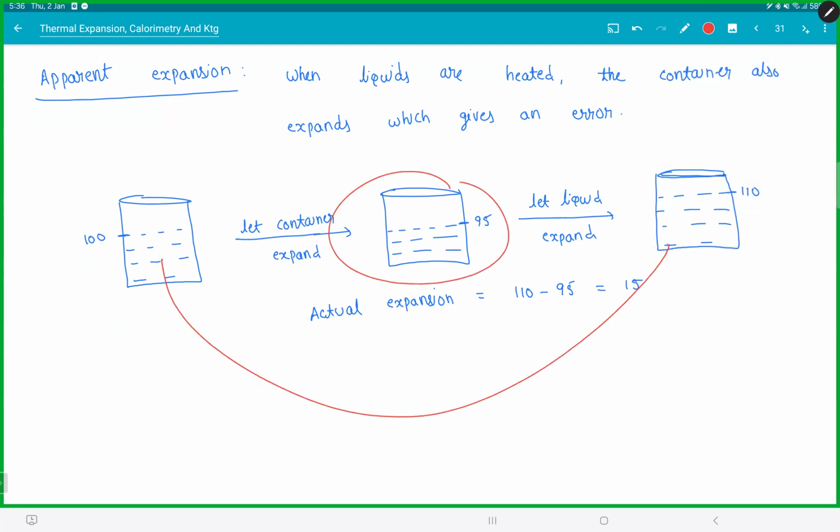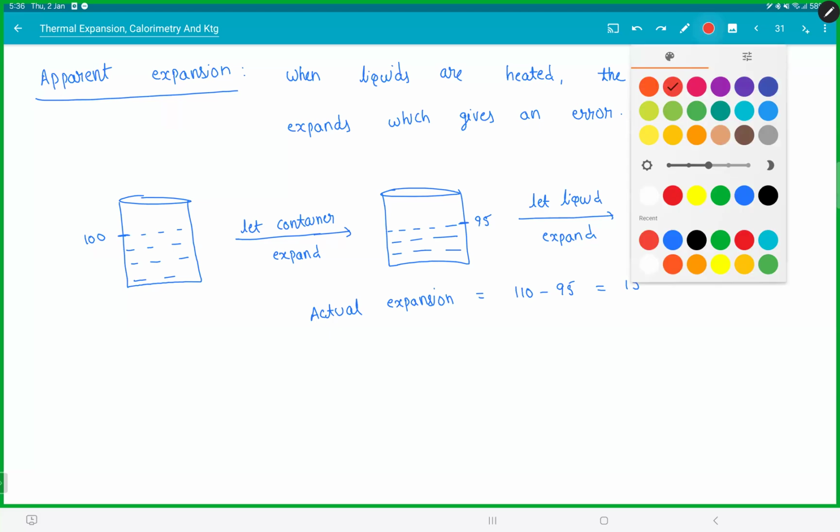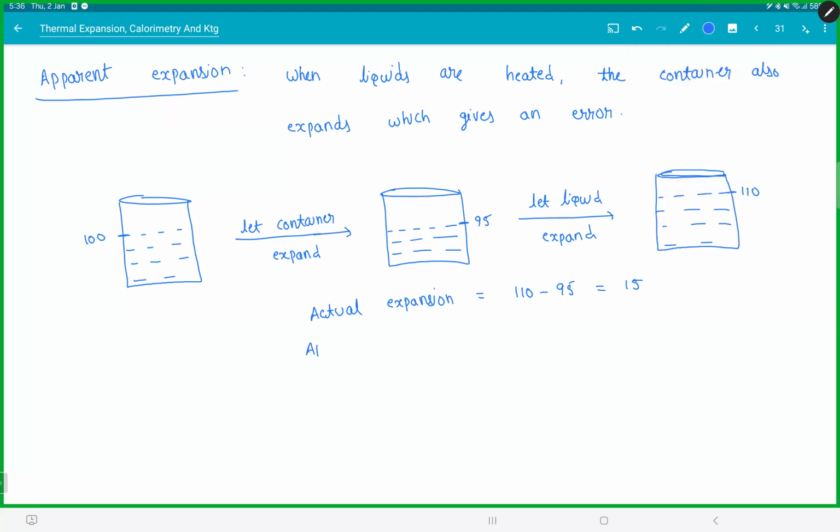You'll directly go from here to here, isn't it? Then what do you think? You think initially it was 100, finally it is 110. So we call this thing apparent expansion. It is not real expansion. So we have apparent expansion, that is 110 minus 100.